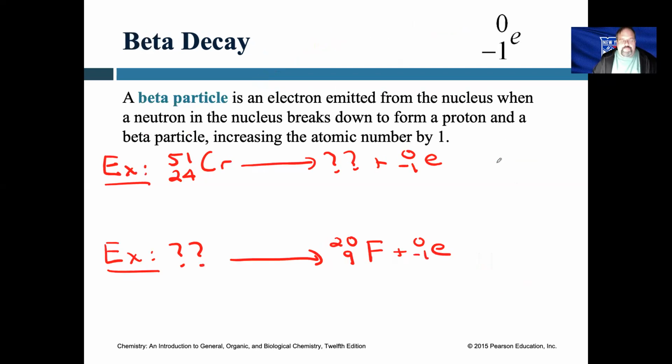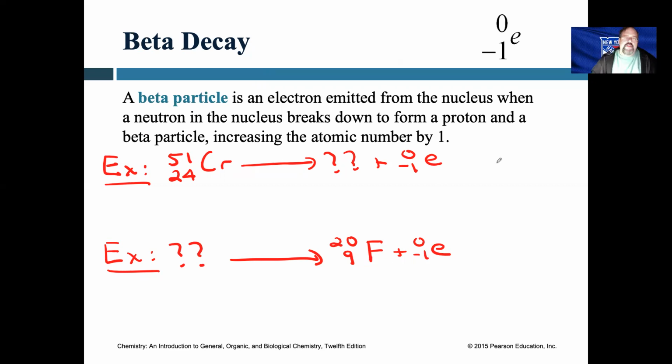Beta decay. So a beta particle is an electron emitted from the nucleus when a neutron in the nucleus breaks down to form a proton and a beta particle, increasing the atomic number by 1. So when a beta particle is released, it turns out that the mass number is going to stay exactly the same for the element.